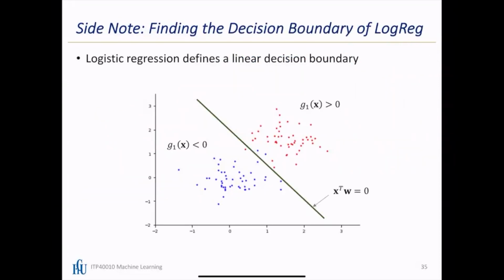So logistic regression defines the same decision boundary. When G1 is larger than half, it's going to be class 1, and when the outcome is smaller than half, it's going to be class 0. Where sigmoid(w^T x) is equal to 0.5, that's going to define your decision boundary.